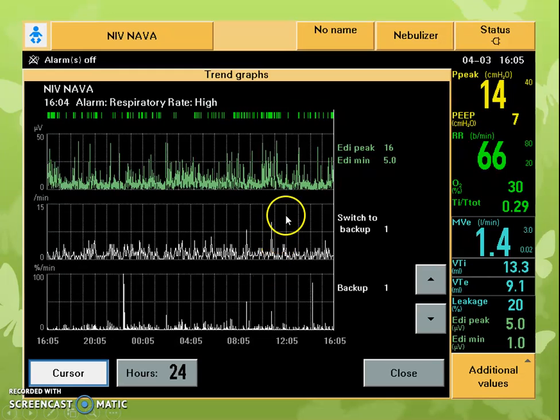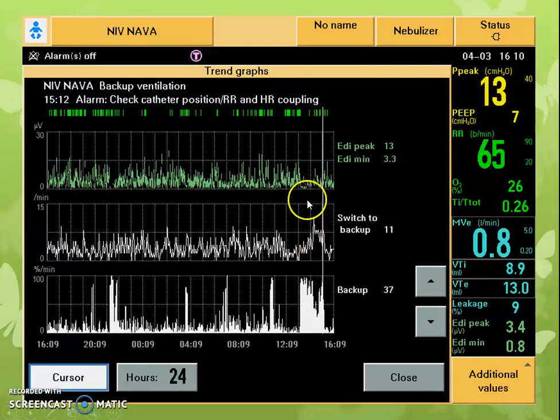Now we put NAVA on the patient. Now we want to know how the patient does on NAVA. So we're going to go back to the trend, and you can adjust this from 1 hour to 24 hours. You want to see the range of the patient's EDI peak and min in order to change your NAVA level. Now we're going to see how often the patient goes to backup and how long the patient stays in backup. Here, you can see the patient stays in backup so long.